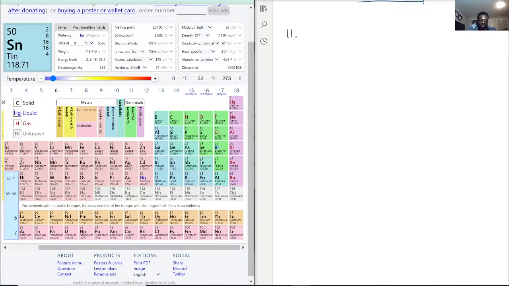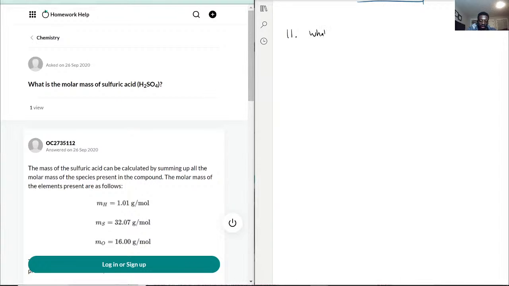We need the molar mass of H2SO4. So that is sulfuric acid.